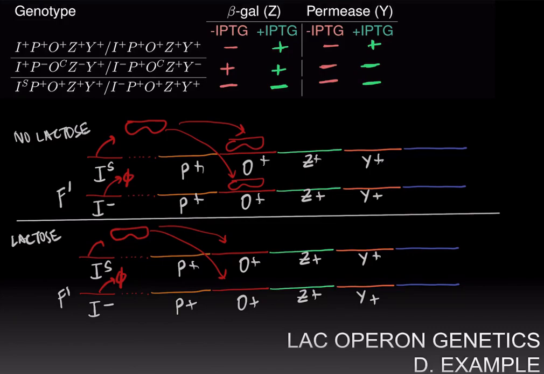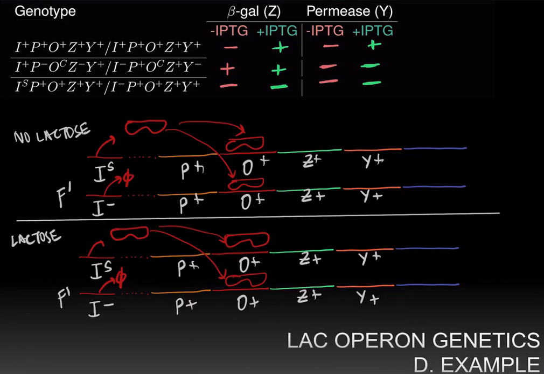Even when you do have lactose present, since this is the super repressor and the site where allolactose or IPTG binds has been mutated, the super repressor will not undergo a conformational change and allosteric transition to prevent it from binding the operator.